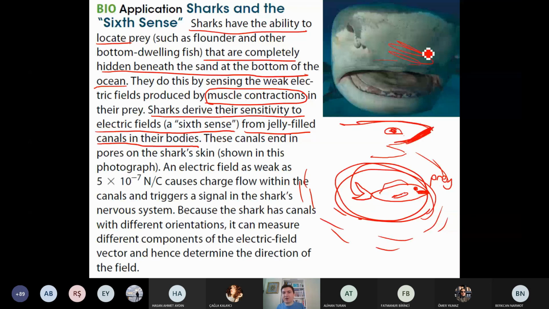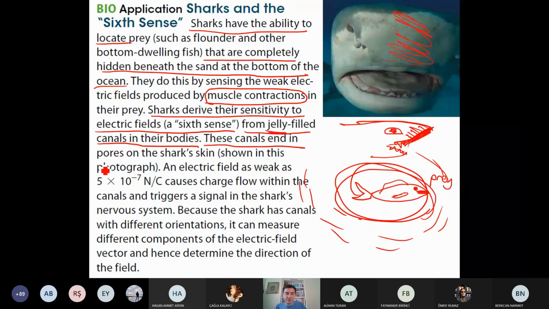This is a shark. Here there are many canals in different directions, and these canals are filled with jelly material. These canals end in pores on the shark skin. So here we have pores.